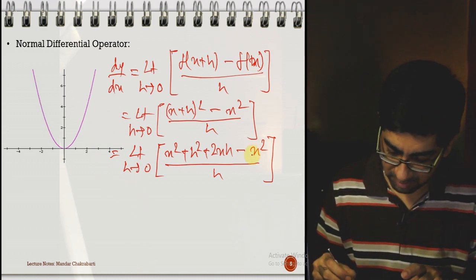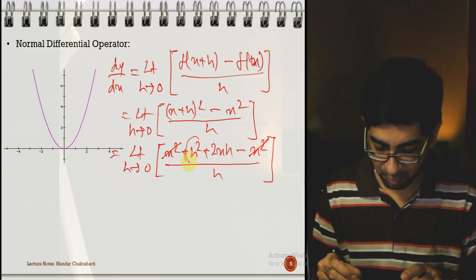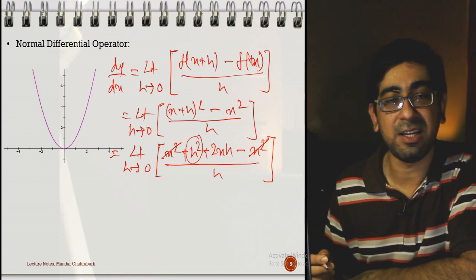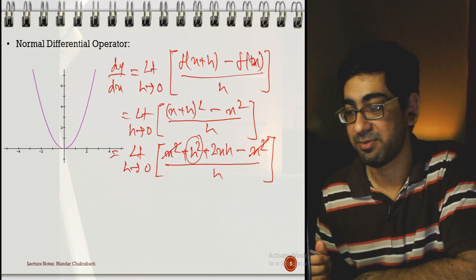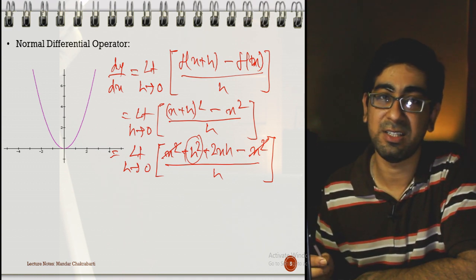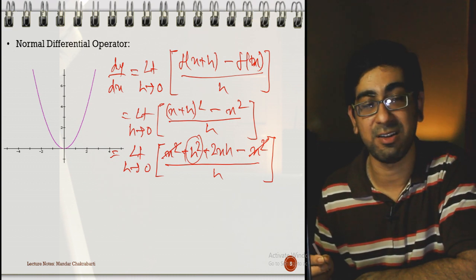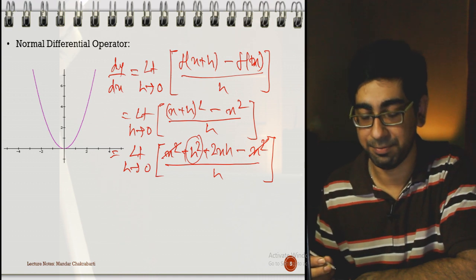Okay, so do a couple of terms cancel out? Yes, they do. This one cancels out with this one. And h square. So if h tends to 0, if h is a very small value, then h square is almost insignificant, so h square can also be considered as 0.